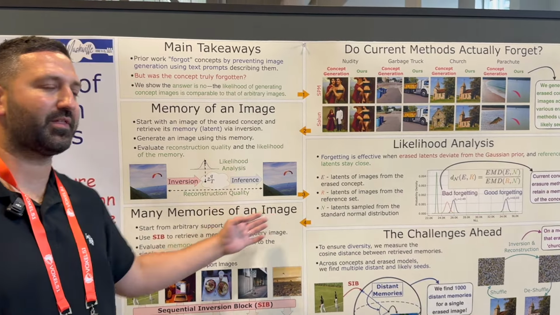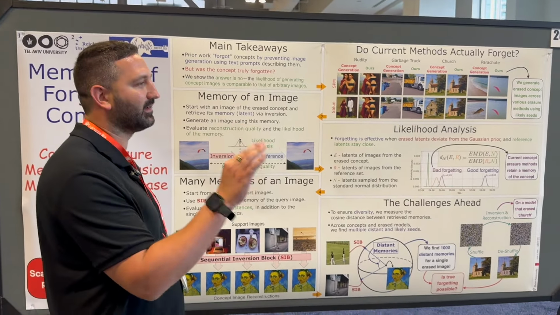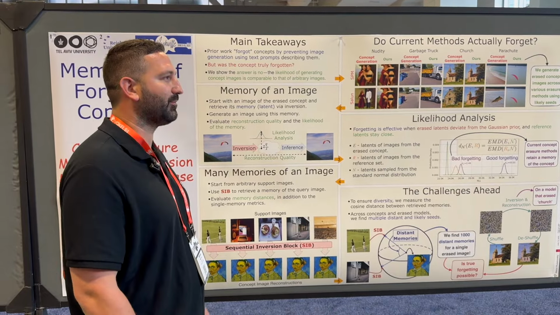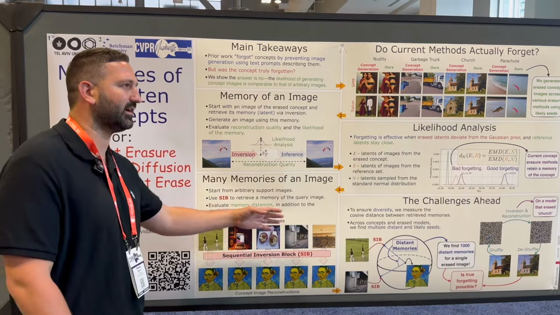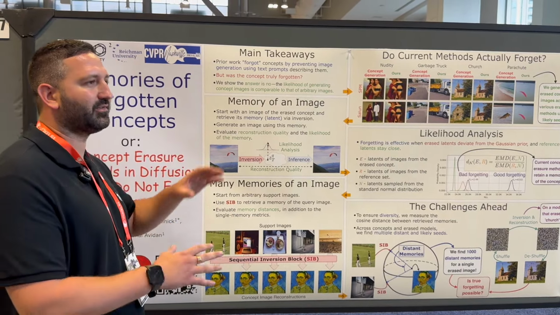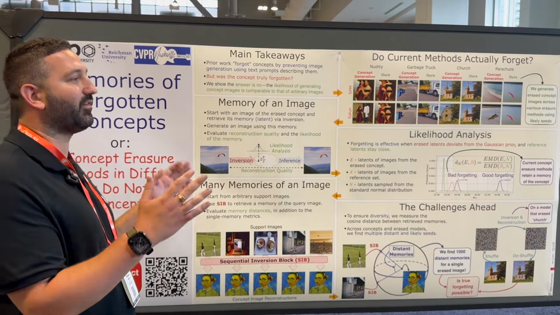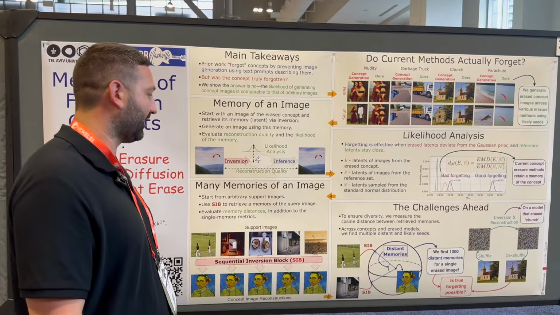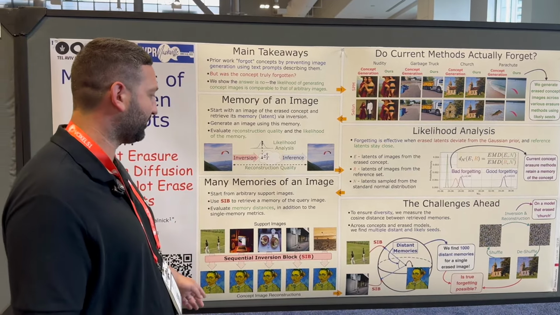So after we did that, we thought, okay, maybe we found something in the space, one latent, one specific area that does that. So we wanted to make sure that it happens in the whole space. So we initialized using different images, initialized different areas in the space, and we found many latents that are far away from each other in the latent space that can all generate the forbidden concept image.